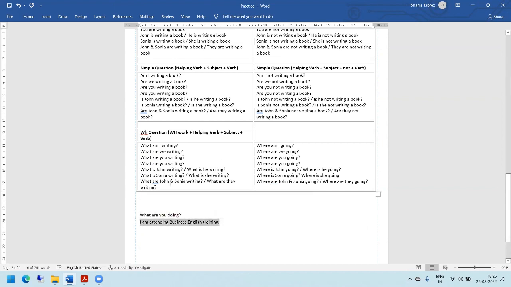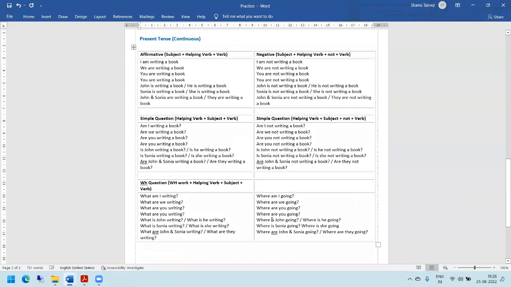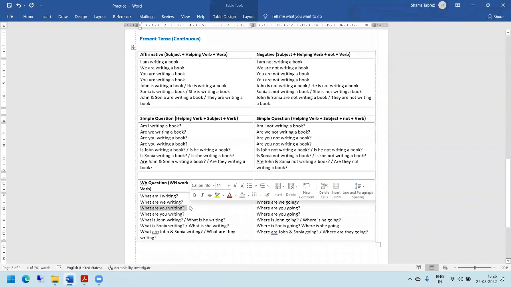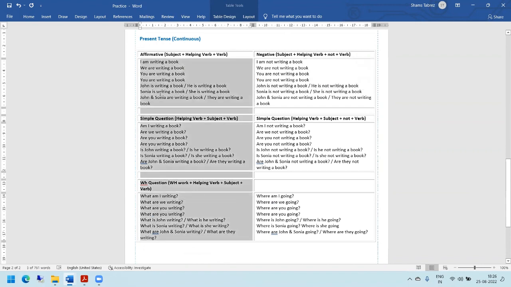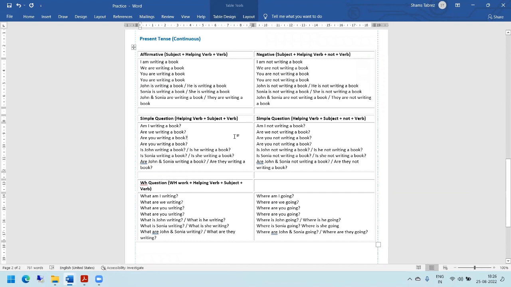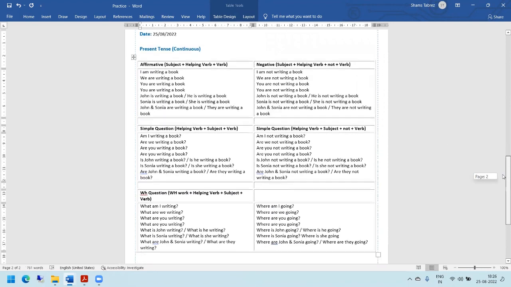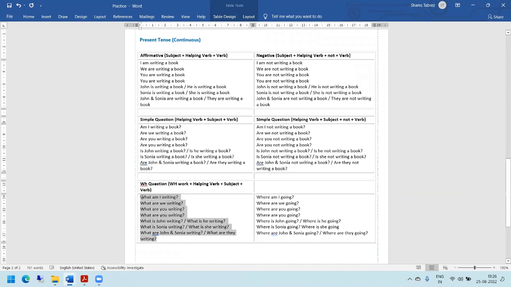It means if the question is asked in continuous tense, the answer should also be in continuous tense. For example, what are you writing? The answer is, I am writing a book. The question and answer are in the same tense, present continuous.